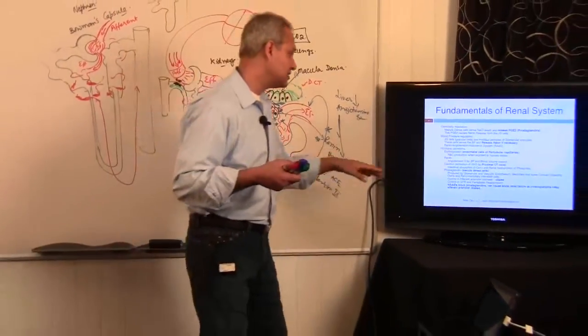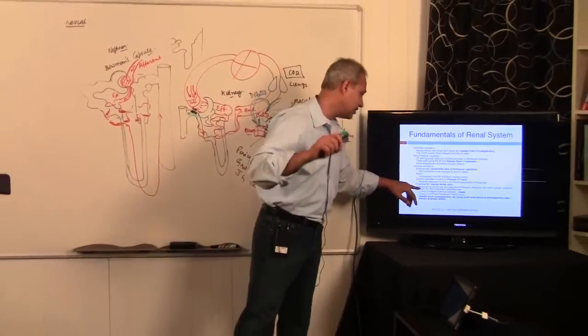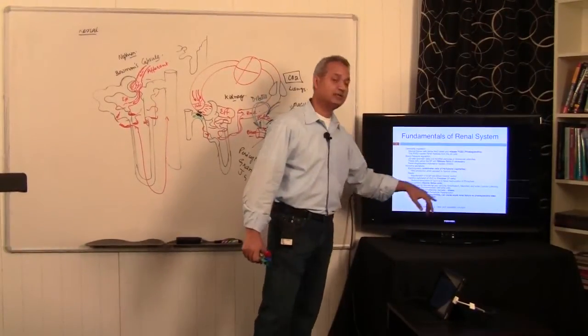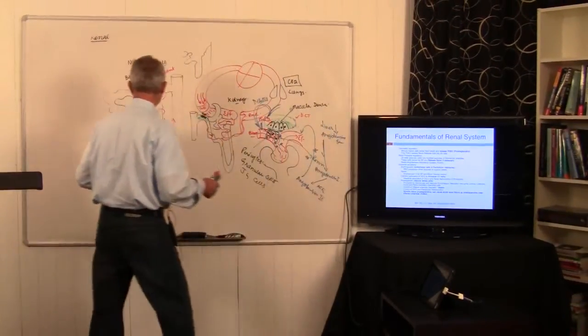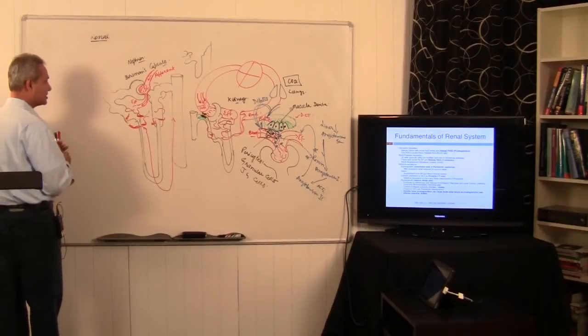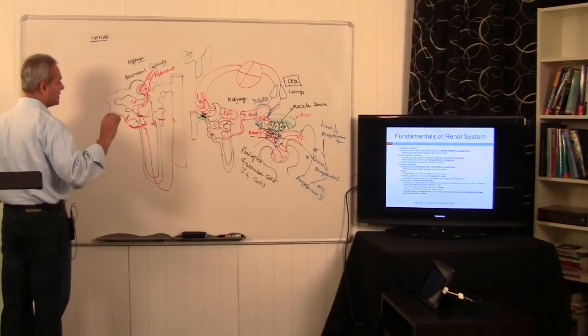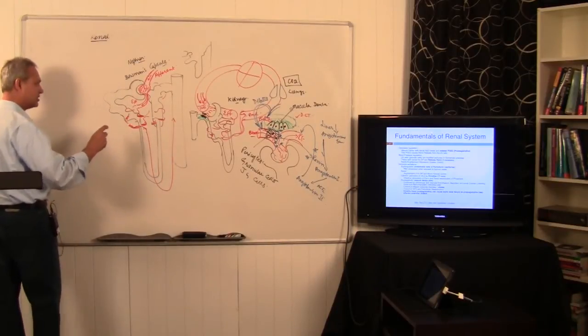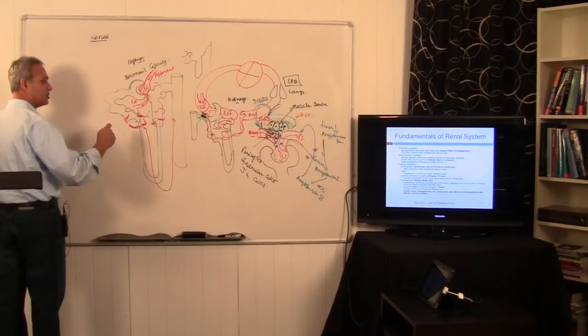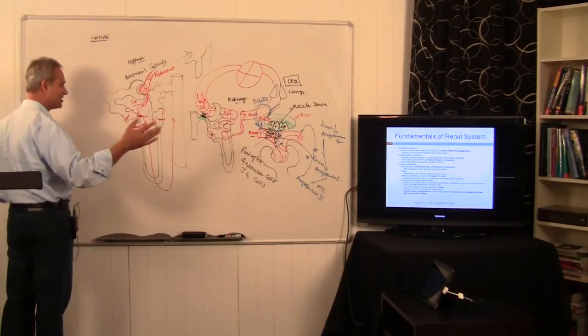Then calcitriol activation, or active vitamin D. So what happens is, and this is again very important, write it down, underline it, proximal tubule.